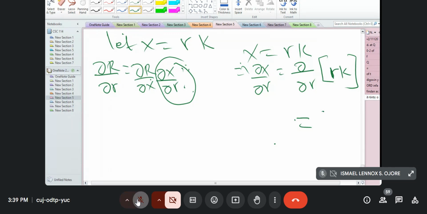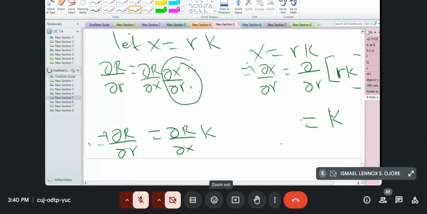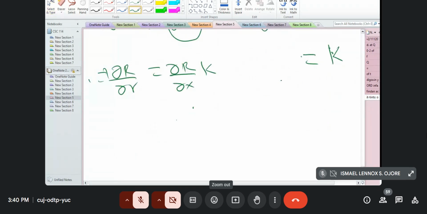What is partial of rk with respect to r? K. We get K. So this tells us our partial R, partial small r is equal to partial R, partial x times K. You can rearrange so that you start with K. This is equal to K times partial R, partial x. So we can substitute partial R, partial small r with K partial R, partial x.